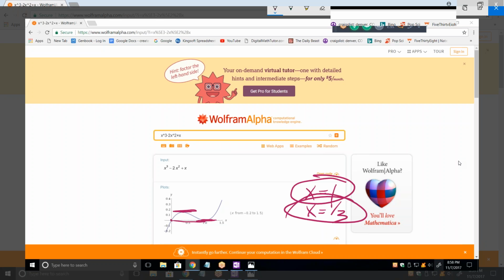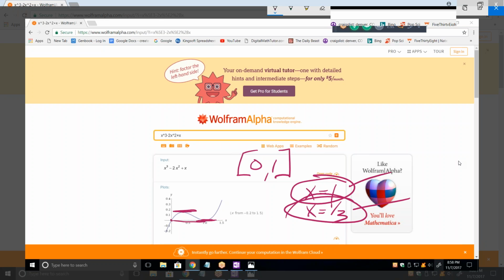So the answer is 1/3. 1/3 is guaranteed to exist by the mean value theorem. I'm not sure that 1 is. Maybe it is, because the interval was 0 to 1, including 1. But I think in general, they're always looking for a point in between.